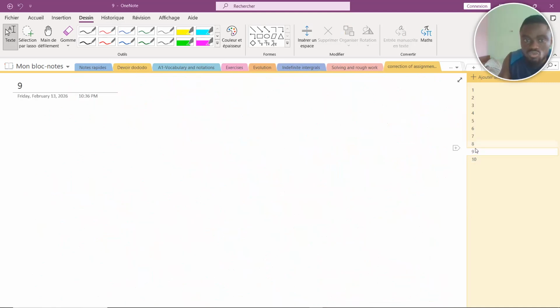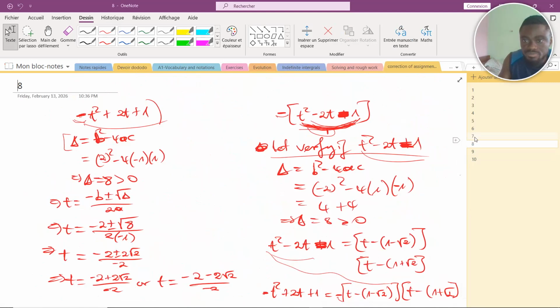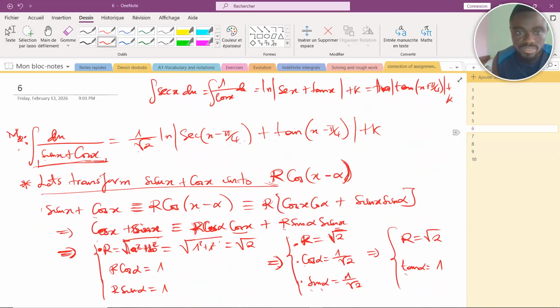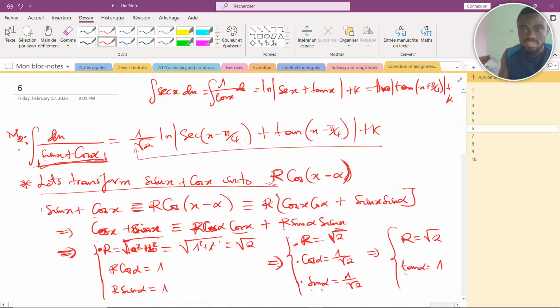Let's go back to the exercise. Okay, in the exercise, our aim is to show that this integral is equals to what? This integral.